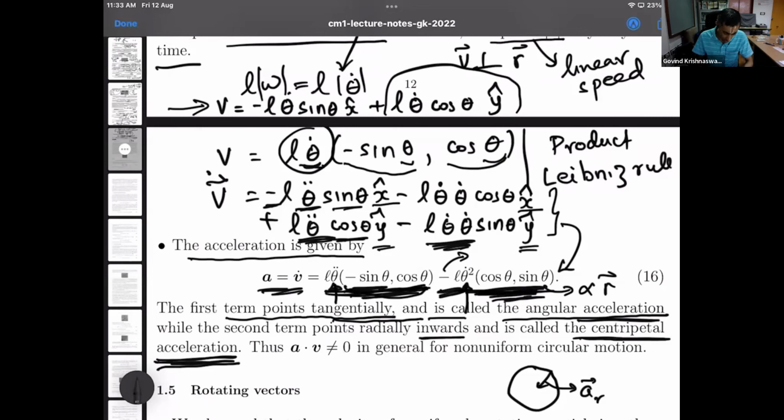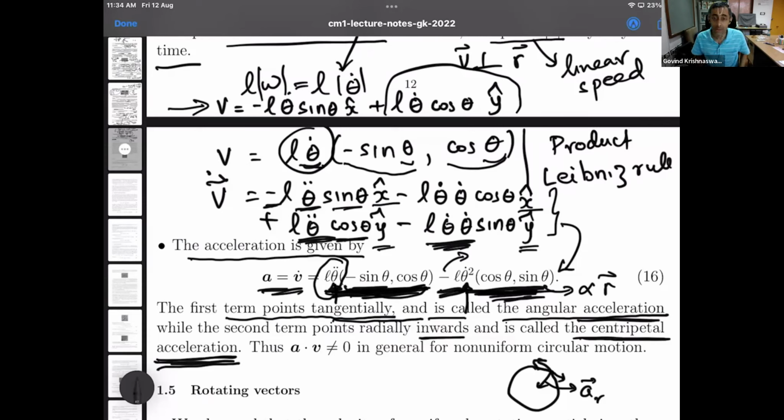I'm asking about this one. It is tangential, but tangential leaves 2 options, right? Very good. In a sense, it depends on velocity, but more precisely, it depends on theta double dot. If the sign of theta double dot is positive, then it would be counterclockwise, and if the sign of theta double dot is negative, it will point clockwise.